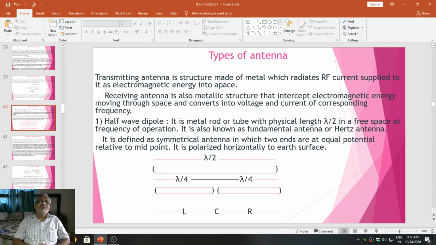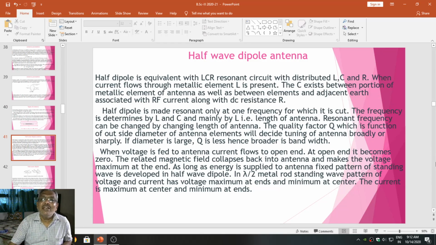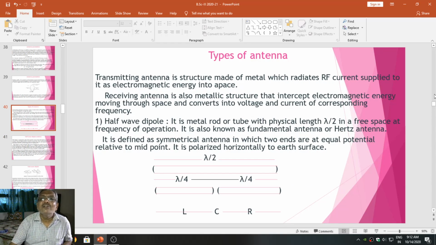We are now going to study some specific antennas. The first antenna we are going to study is known as the half wave dipole antenna. So friends, we have just introduced the types of antenna. One is a transmitting antenna. It is a structure made up of metal which radiates the RF current, that is the radio frequency current, supplied to it as electromagnetic energy into space.